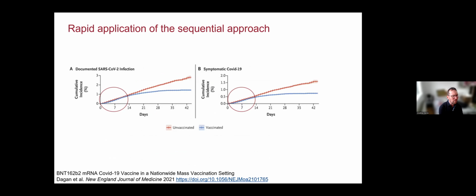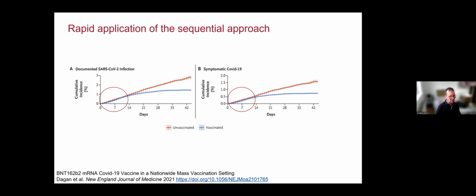Meanwhile, Miguel was involved in a group that had very rapid access to data on the rollout of the Pfizer vaccine in Israel, and implemented the paired matched approach that I showed you a few minutes ago, and beautifully showed that they could derive cumulative incidence curves in which the cumulative incidence of outcome events tracked for the two groups for the first 2 weeks and then beautifully diverged afterwards.